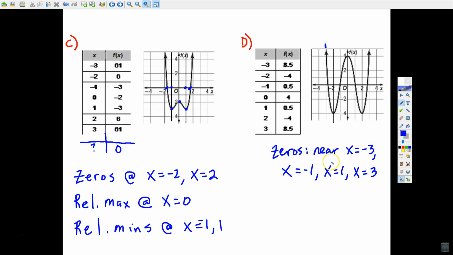Okay, so we've listed all of our zeros approximately, and now let's think about relative maxima. Well, this point qualifies. It's the highest relative point that we see, and that's at x equals 0.